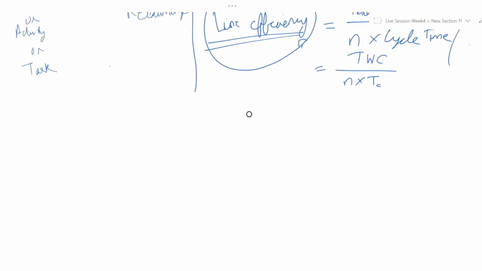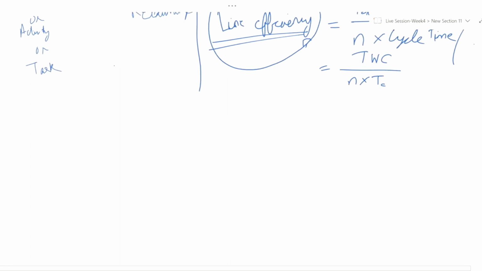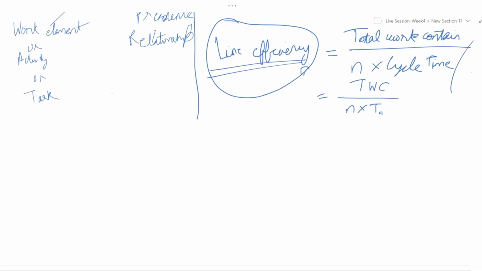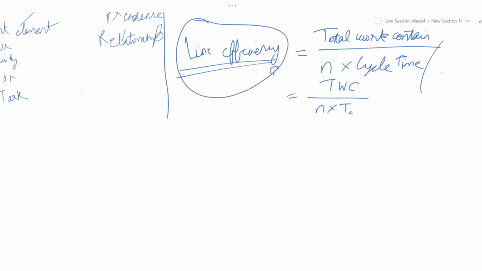Now we'll solve this numerical. As we know, line efficiency is equal to TWC by N into TC. Total work contained is equal to 9 plus 8 plus 6 plus 10 plus 7 plus 7 plus 9, which is equal to 56.